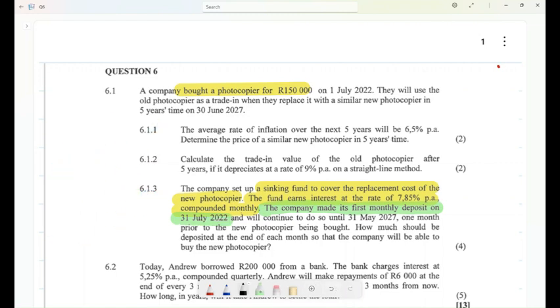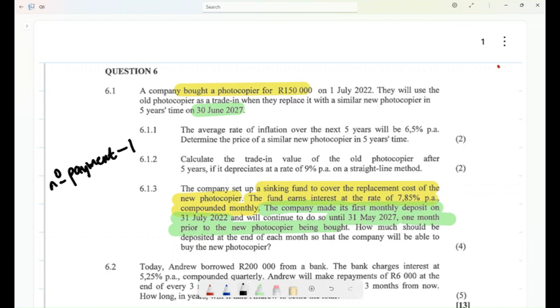But now what happens? They say they will continue to do so until 31 May. Remember, it was supposed to end on 30 June 2027, but instead they end on 31 May 2027, which is 1 month prior to the new photocopier being bought. So they make the last payment 1 month earlier. So on the number of payments we're going to subtract 1. Why?